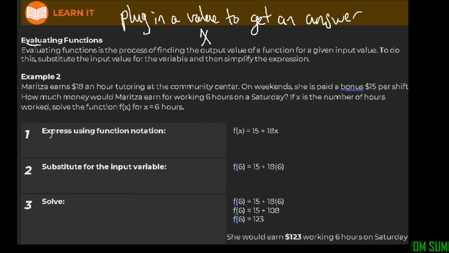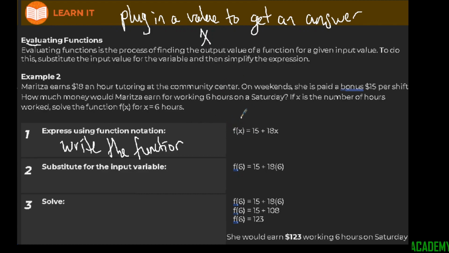So first step, what is our function? Express using function notation. So this is write the function. We have f of x is what? Money earned.